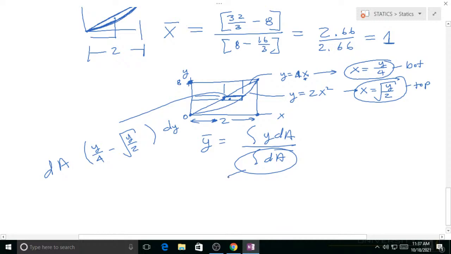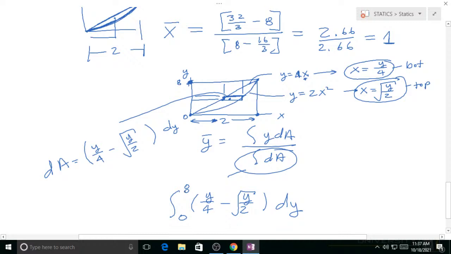Then to find the area, let's just do that to make sure we get the same area. We should, but I'm not sure I have the stomach to complete that. So dA would be, obnoxiously, y over 4 minus the square root of y over 2, dy, evaluated between 0 and 8.